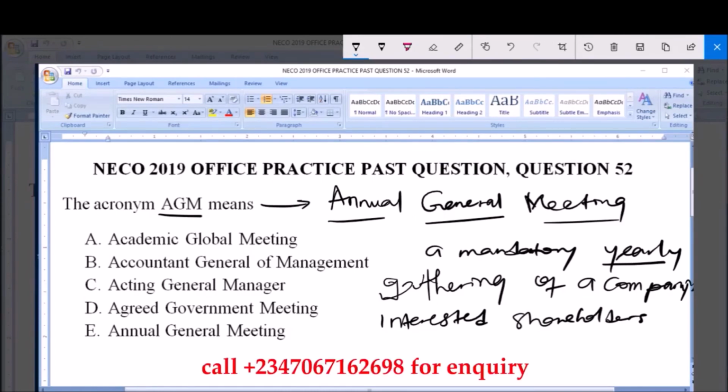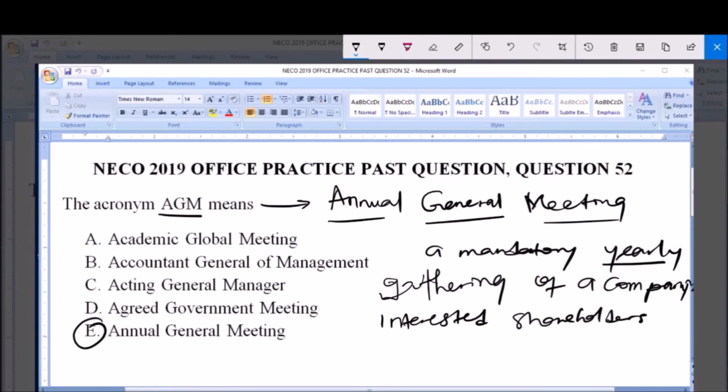The company makes it mandatory for an annual general meeting to be held once in a year, in addition to any other meetings that may be held during the year. So AGM simply means Annual General Meeting, and that is option E.